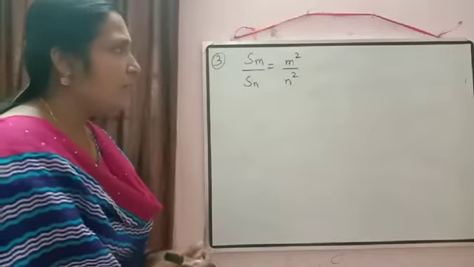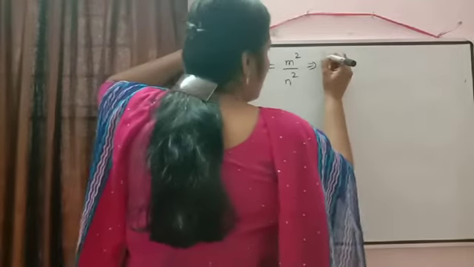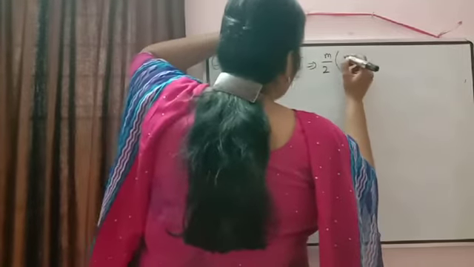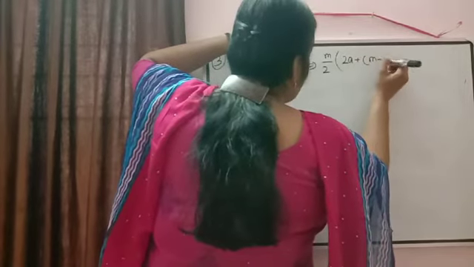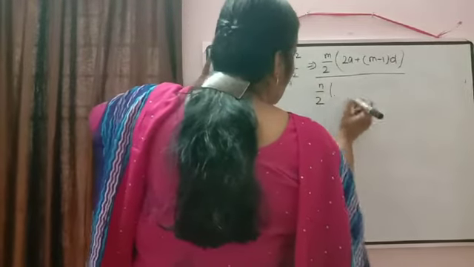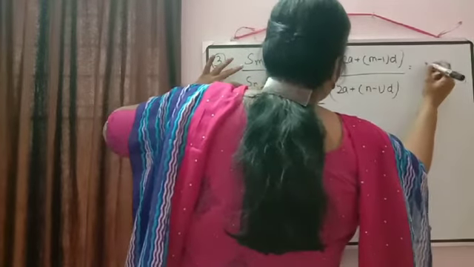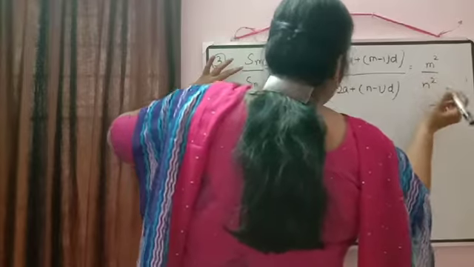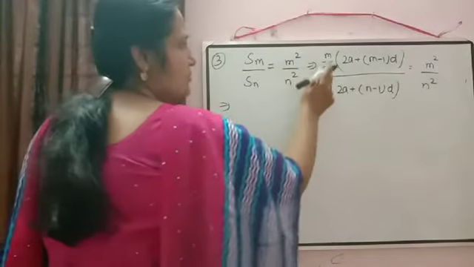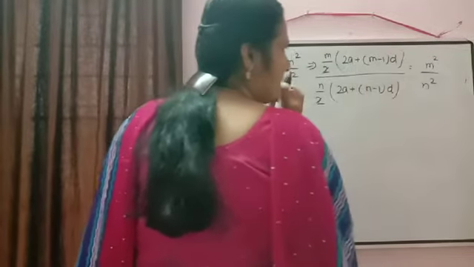Now we can check how we can do this question. Sm, according to the formula, is equal to m by 2 into 2a plus m minus 1 into d, whole divided by Sn, n by 2 into 2a plus n minus 1 into d, is equal to m square by n square. Now this 2 and 2 will get cancelled. Now this m, if I shift it to the right hand side, it will go to the denominator and this n will go to the numerator.